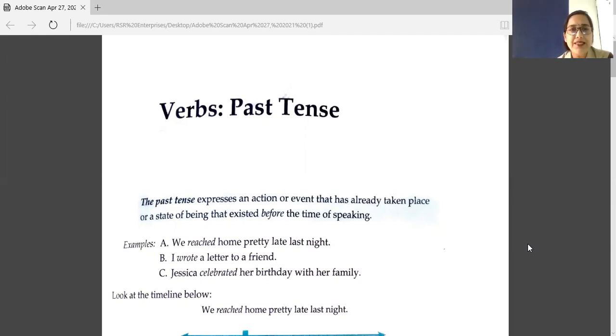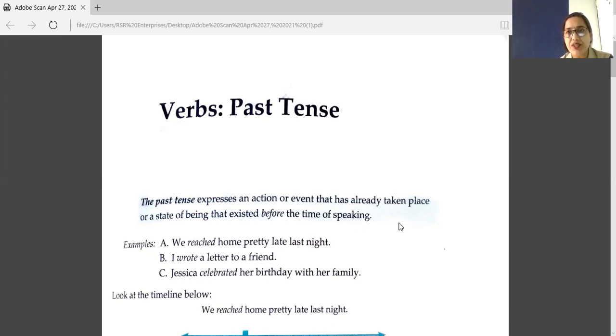The past tense expresses an action or event that has already taken place or a state of being that existed before the time of speaking.